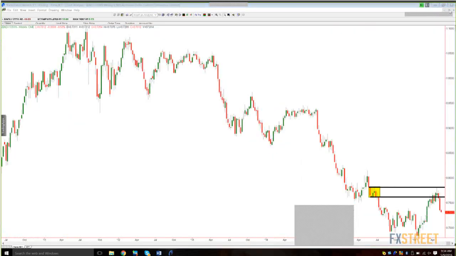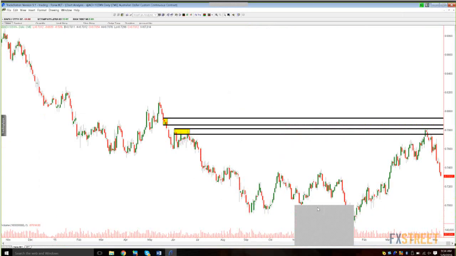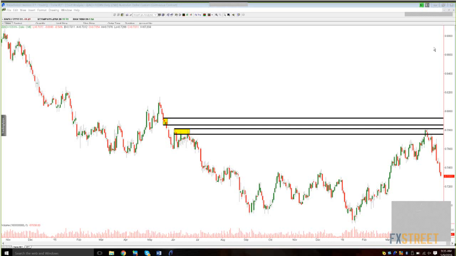We set this up way in advance, and then we came down to the daily and refined it a little bit. Anybody take this trade? Just want to see who's actually using this stuff and who's not. I know a lot of you are new to the sessions today, but there's bigger risk on that weekly because of the size of the zone, but we're able to refine it down here. All right, let's move on.